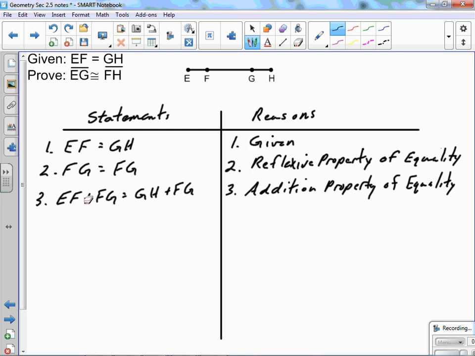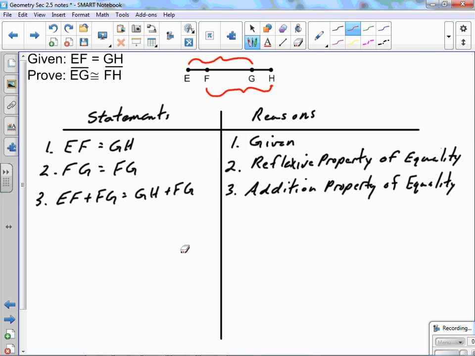Now when we look at it, we should be able to see that when we take EF and add FG to it, that gives us EG. And when we take GH and add FG to it, that gives us FH. But we need to state in this proof that that is a fact.